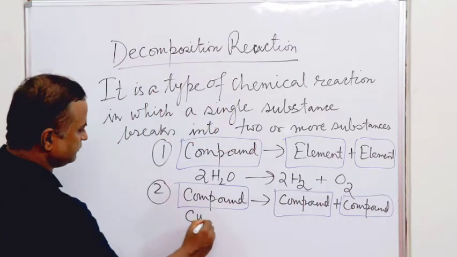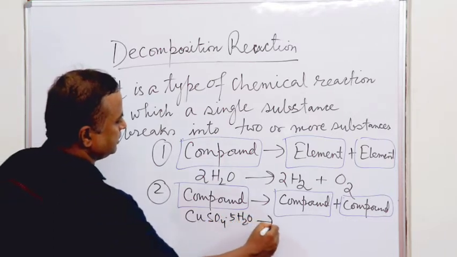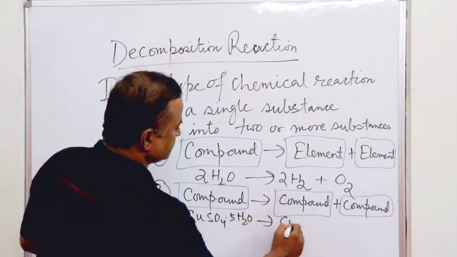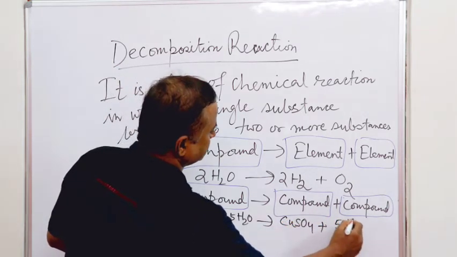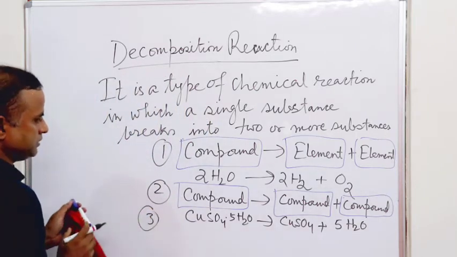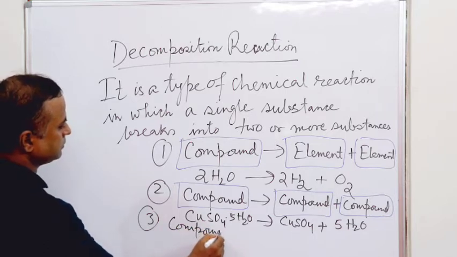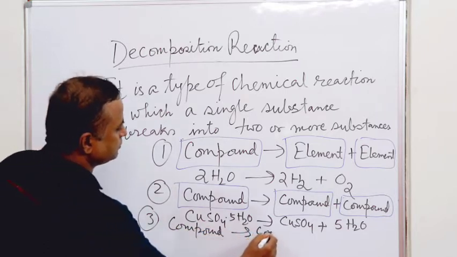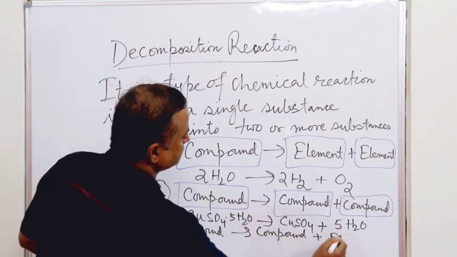Like copper sulfate pentahydrate. It breaks, in presence of heat, into copper sulfate plus 5 water. And the last possibility is that a compound breaks into compounds plus element.